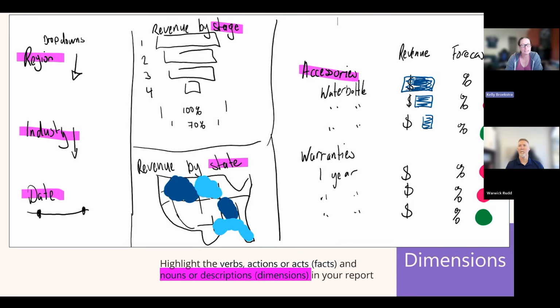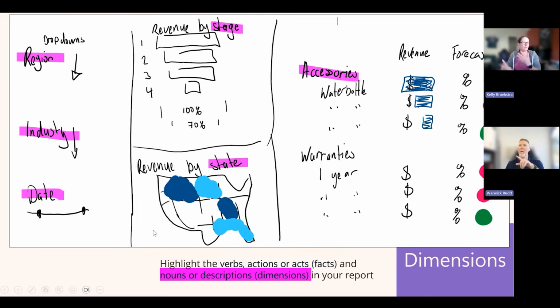Warwick, when you say by state, do you talk about the state that the sale occurred or the state of the customer? The state of the customer. Awesome. That helps me with where to put state. Is it a separate dimension or is it just an attribute on a customer? That's great. Thanks for the clarification.